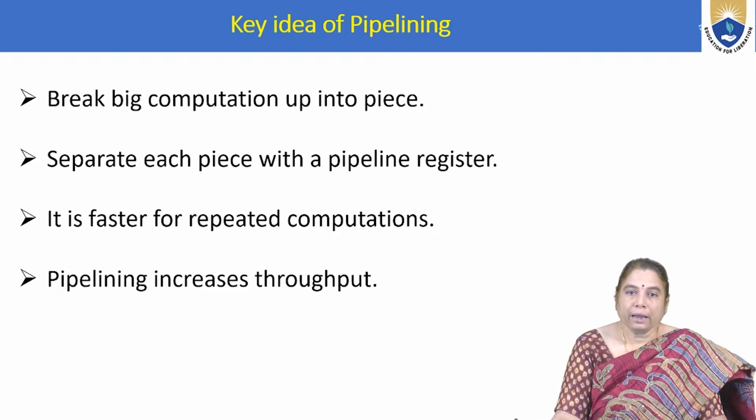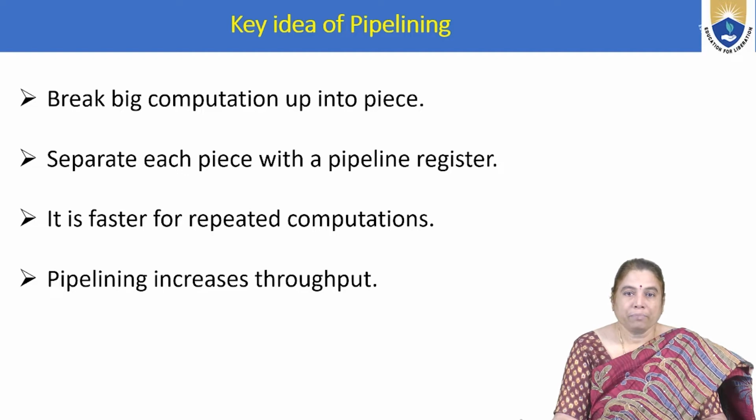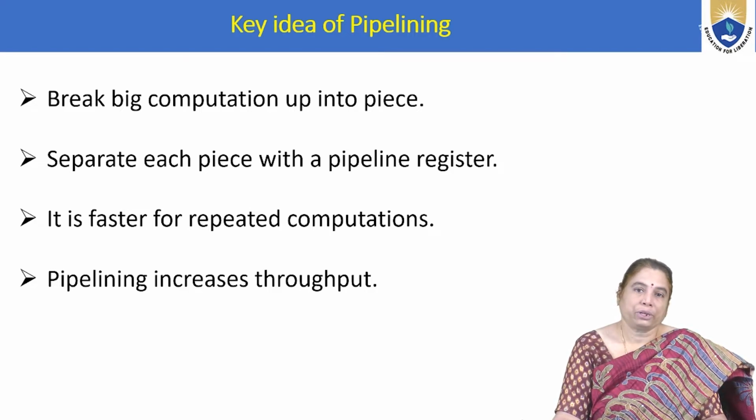The key idea of a pipeline is breaking a big computational task into small pieces, and each piece is referred to as a segment. These pieces are separated by a pipeline register, and each segment can be implemented in dedicated pipeline registers. So it is faster for repeated computations.